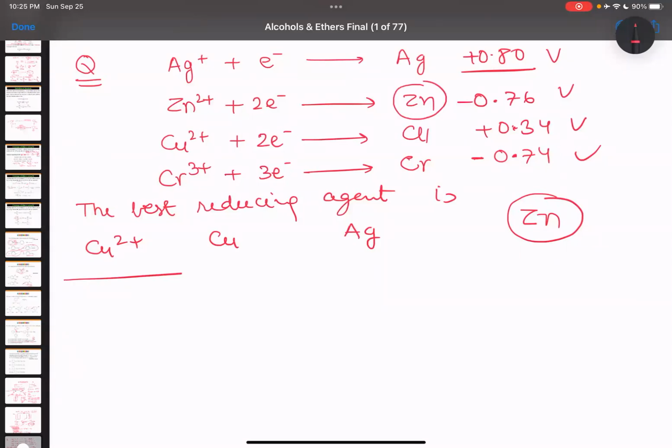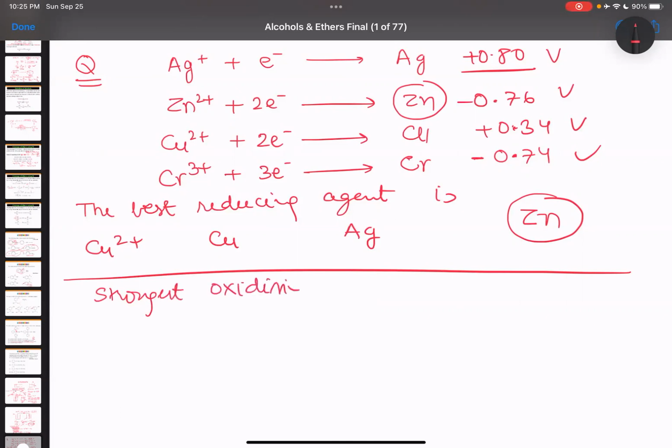Okay. And who is the strongest oxidizing agent? Ag. So actually here you need to be very careful. A, B, C, D, 4 options are there.